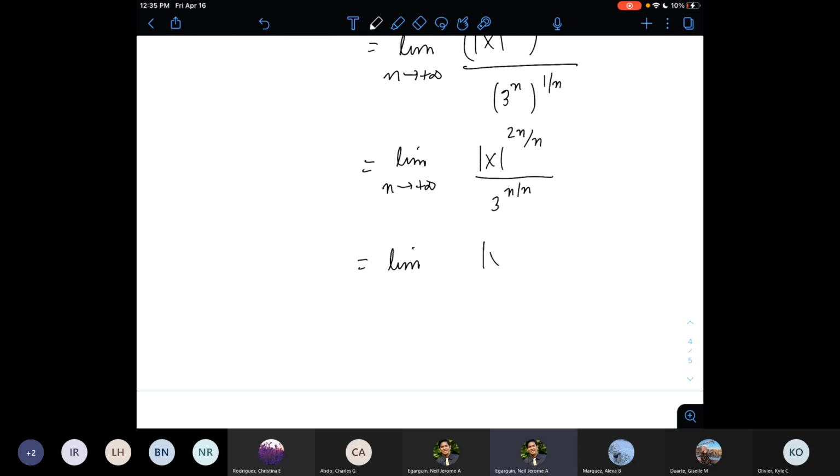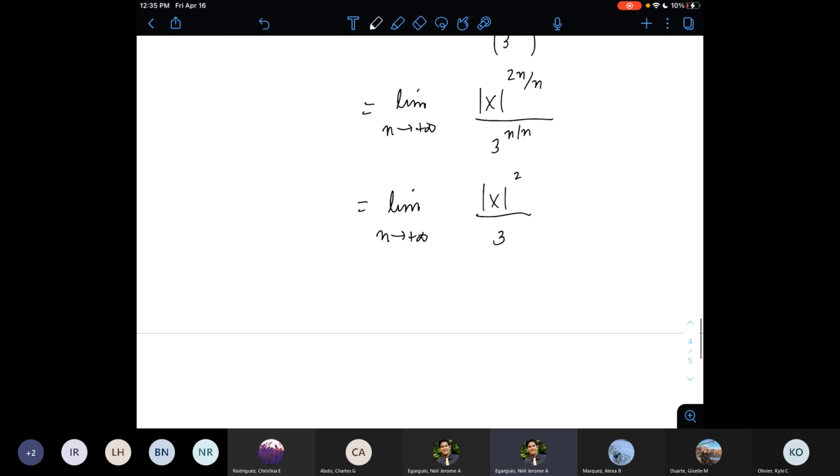And then we simplify the exponent, so we'll have the quantity x squared all over 3 as n approaches infinity, right?